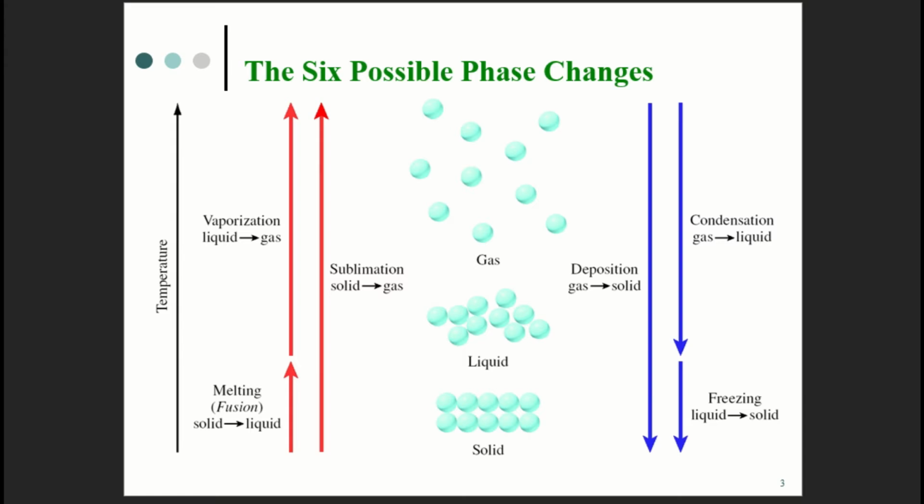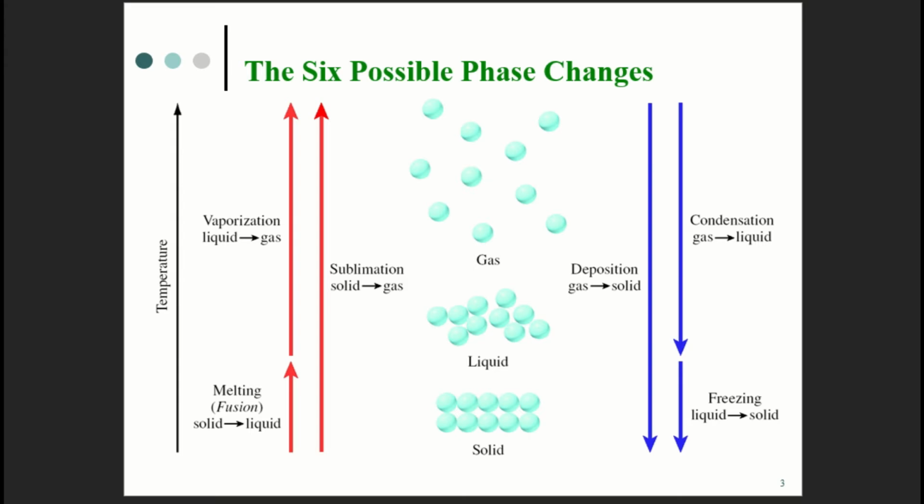So if a solid acquires heat energy, the particles of that solid will eventually melt. It's due to the energy that they have acquired, and because of that energy, they can escape from the intermolecular forces acting on the molecules.